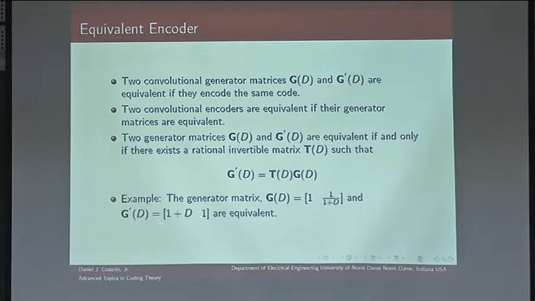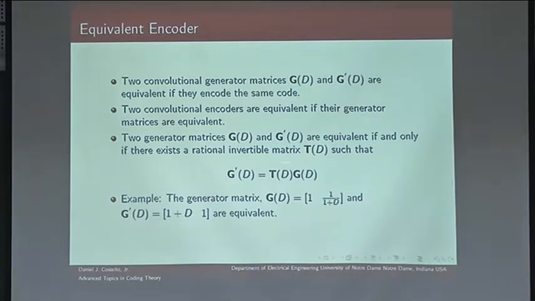Because the 1 minus d cancels this and makes it a 1, and it makes this 1 over 1 minus d. So then we have exactly the same thing. So the two encoders give the same set of output sequences, but two identical output sequences are produced by different input sequences.